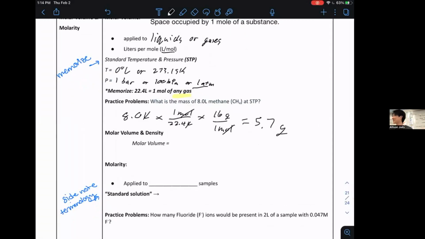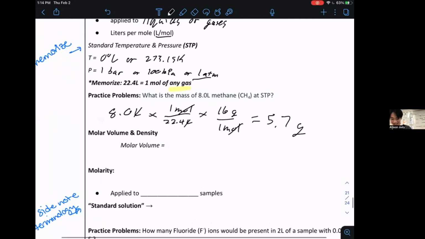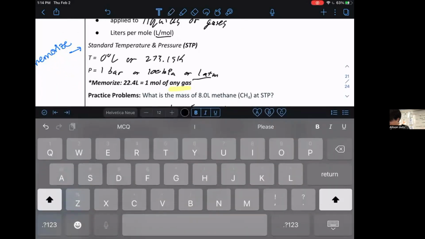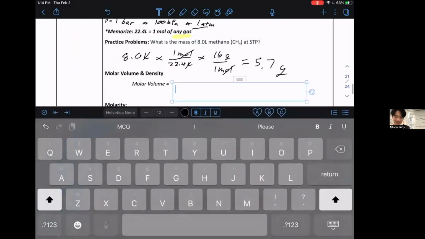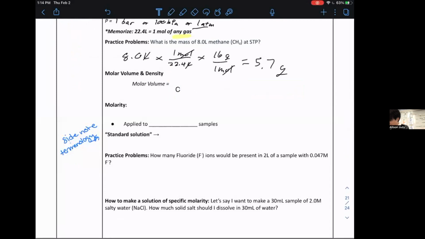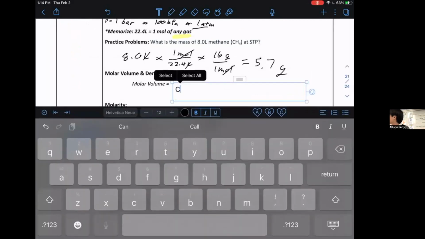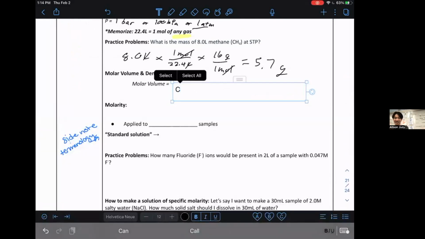And so our other term for this lecture is molarity, which is the concentration of a substance in a solution.